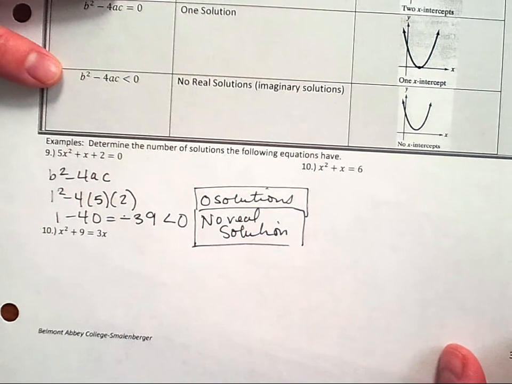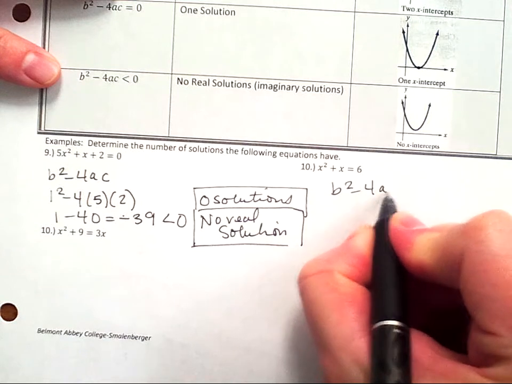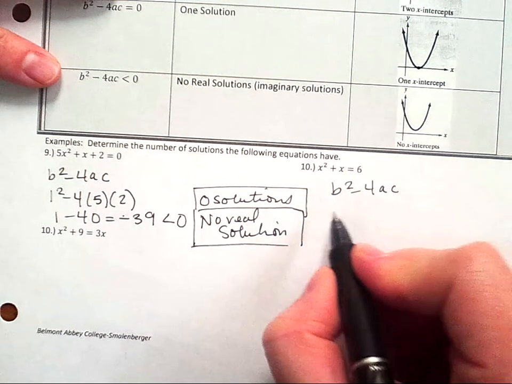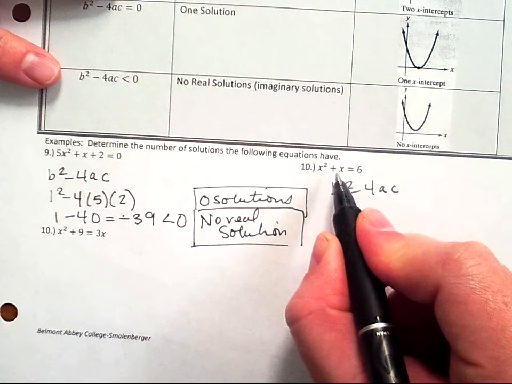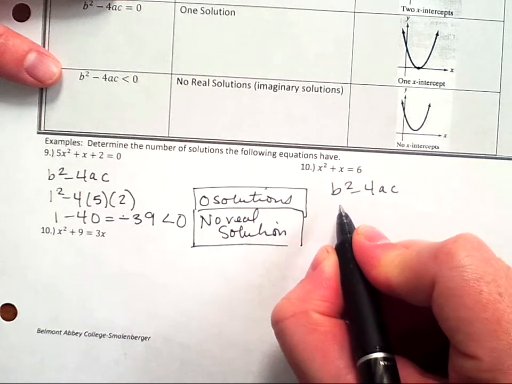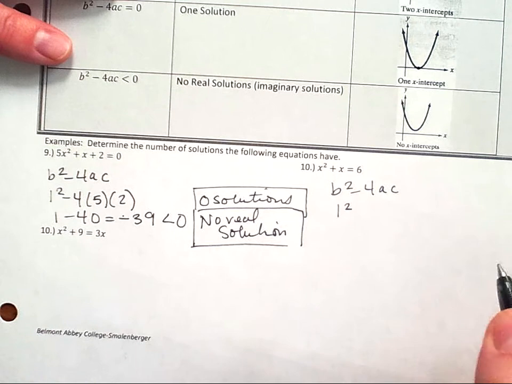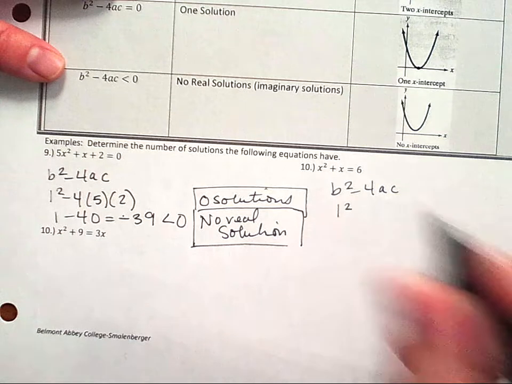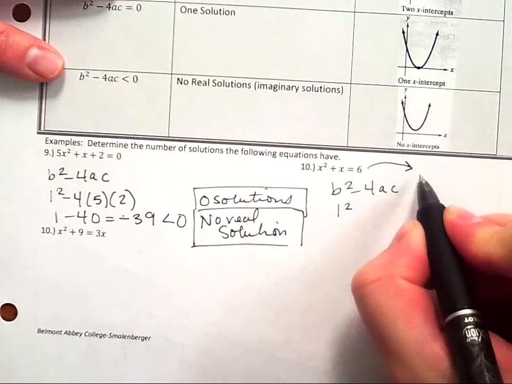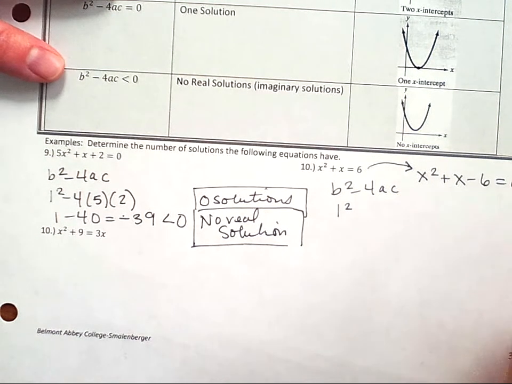Okay, number 10. Let's do it again. b squared minus 4ac. What's my a, what's my b, what's my c? A is 1, b is 1, c is negative 6. So Blair says the c is negative 6. How did you get that? Good, because I need to set this equal to 0 before I can really see what a, b, and c are.